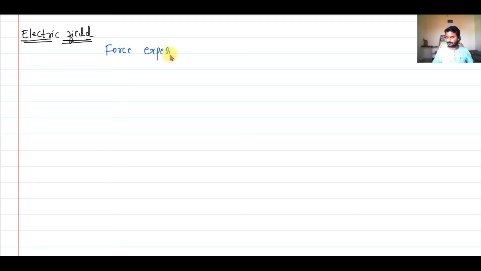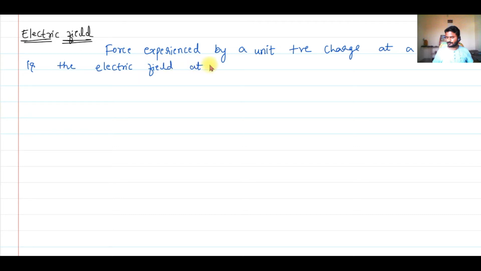Force experienced by a unit positive charge at a point is the electric field at that point. Force experienced by a unit positive charge at a given point is nothing but electric field at that point.